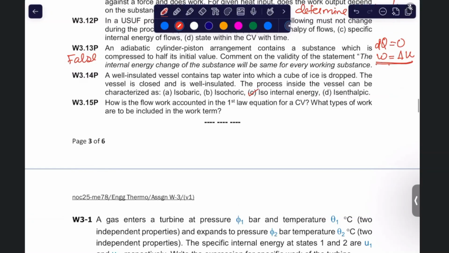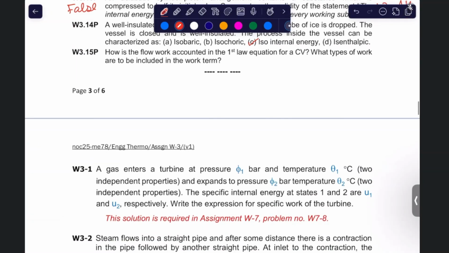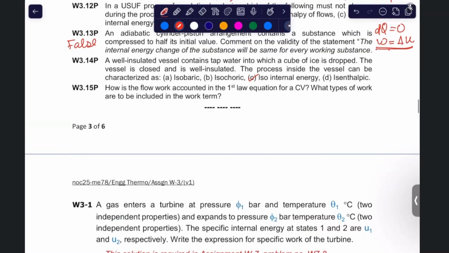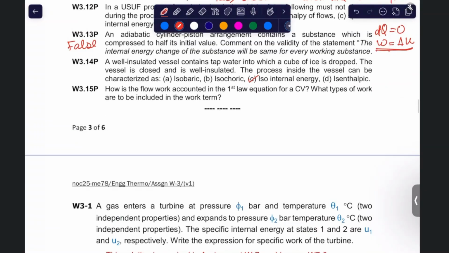So, yes, it is not isenthalpic, because again, I was saying, if it is not isochoric, then delta V can cause enthalpy change. So, isointernal energy is correct. Isochoric might be if A and D, and B cannot be guaranteed.